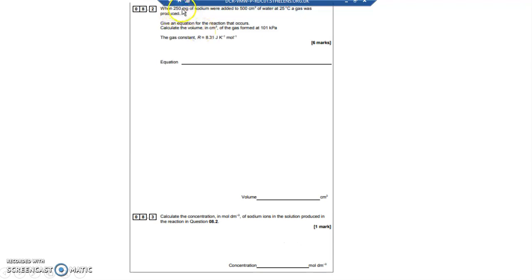Question 8.2. When 250 milligrams, or if you divide by 1,000 to get it into grams, 0.250 grams. Remember, if you go from milligrams up to a higher unit of grams, you divide by 1,000. Added to 500 centimetres cubed of water at 25 degrees C, a gas was produced. Write an equation. Well, sodium's a metal. With water, it'll make hydrogen gas.